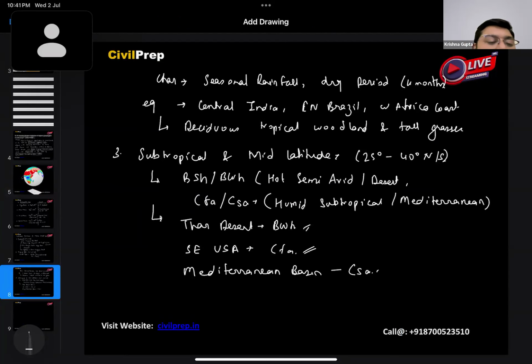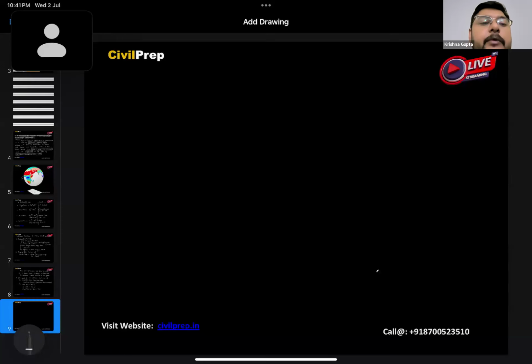Now, moving forward, number 4, we have the temperate zone. So under the temperate zone, we have 40° to 60° north and south of equator.